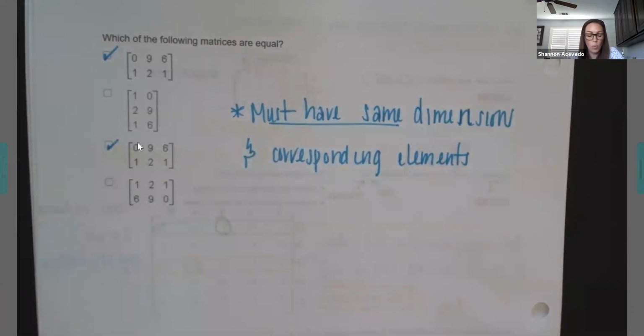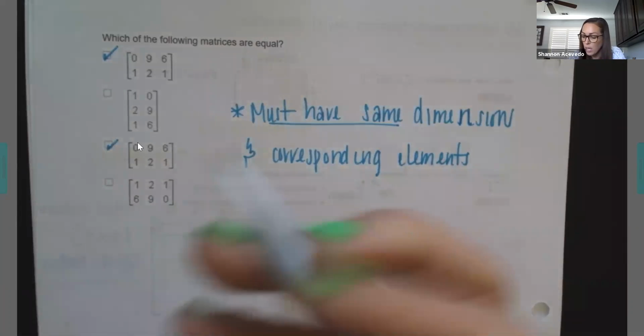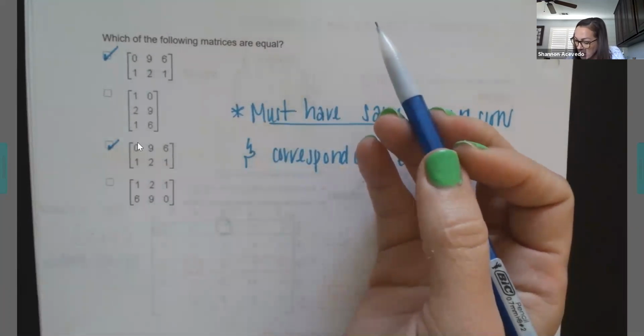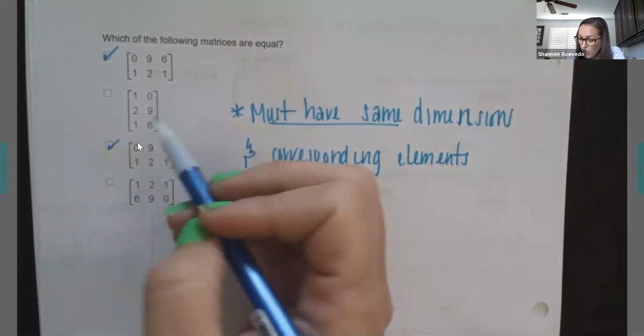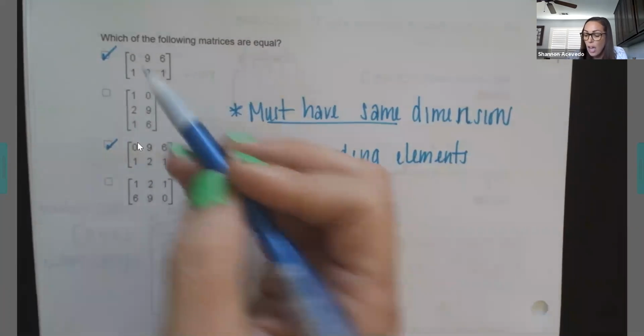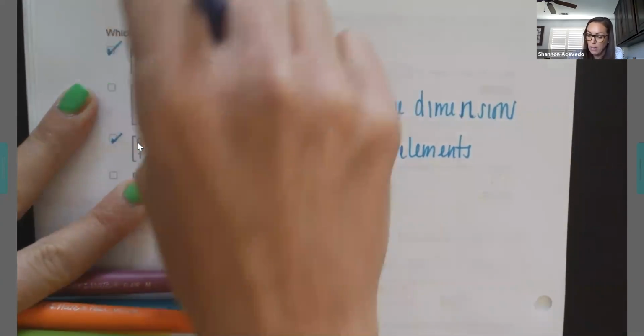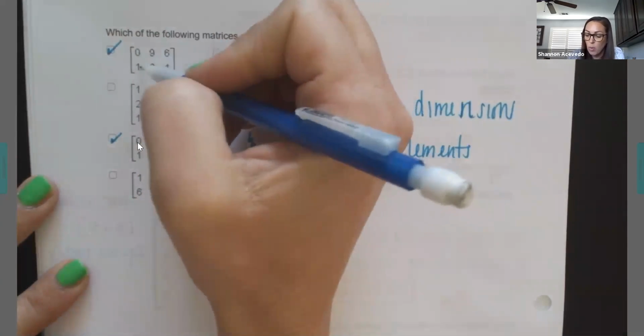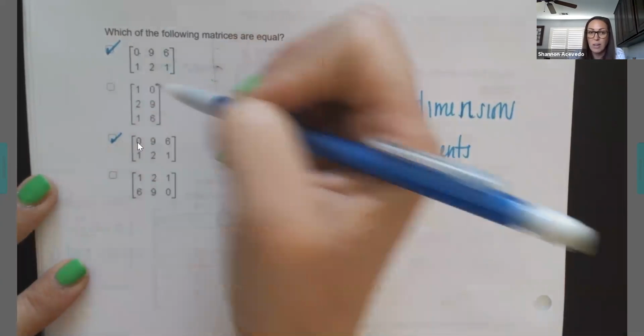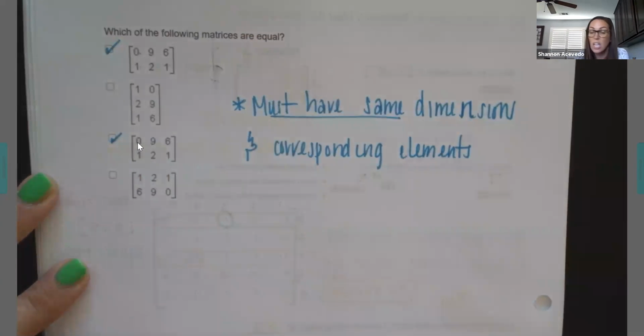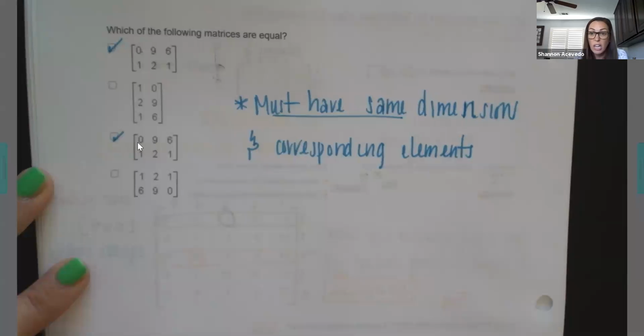Well, some of you guys go, well, wait a second. If I look at these, they have the same values. I could have taken this and switched it, like this one right here, so these are 0, 1, or 0, 1, and have 1, 0. And you're like, well, I'm just kind of turning it. That's okay to turn it, but they're not equal.